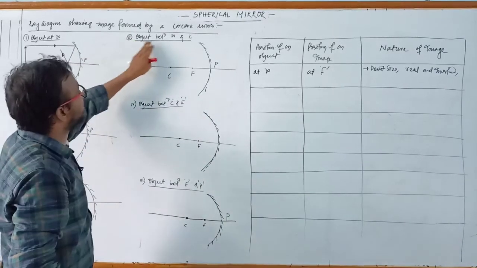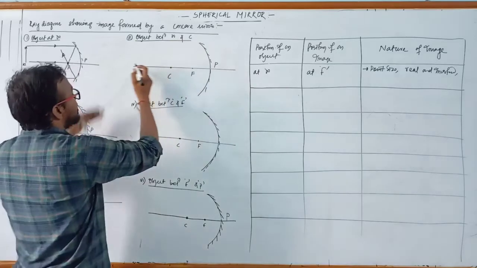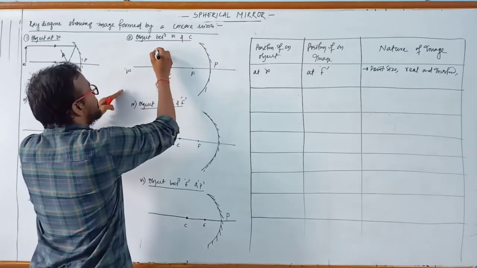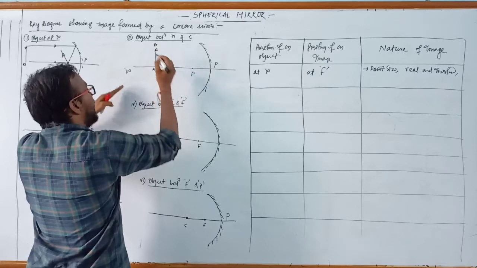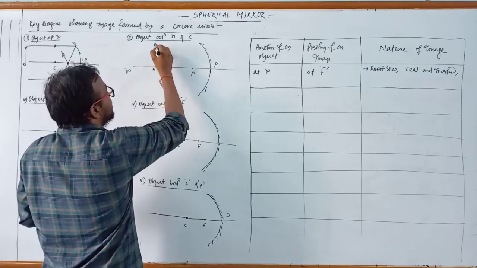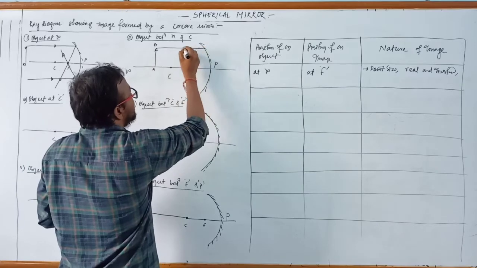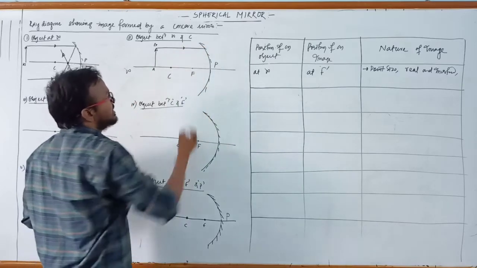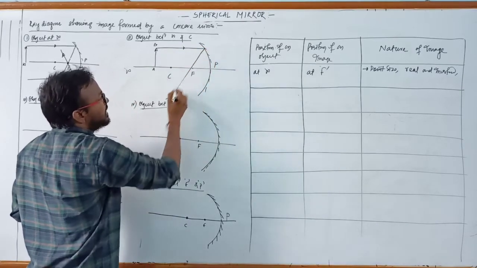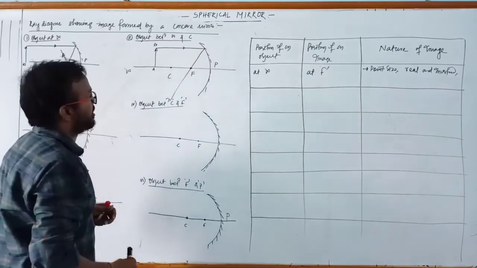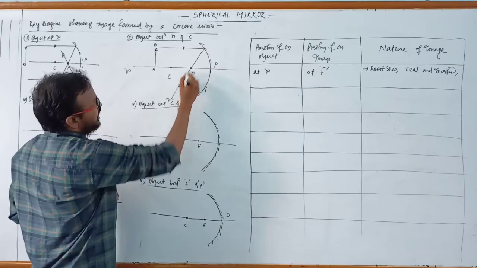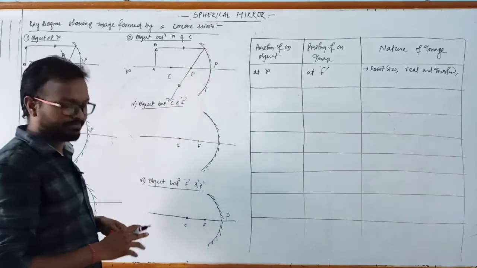Second, object between infinity and C. This is the infinite point and this is C. Suppose there is an object AB between C and infinity. The ray parallel to the principal axis, after incident on the concave mirror, reflects and passes through the focus point.